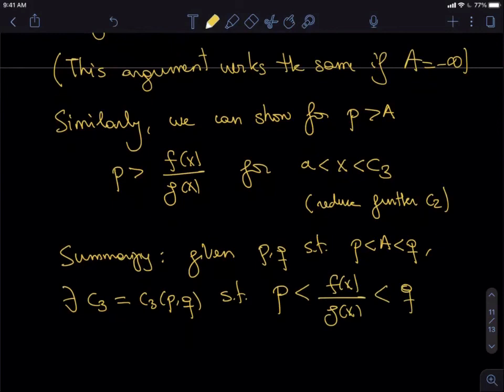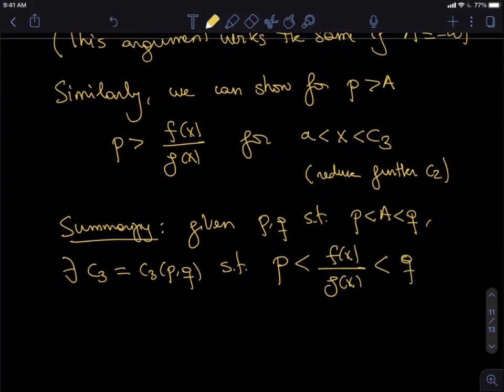Okay, that is what we wanted to show to start with. Now, notice here, this C3 is not independent of C2. Okay, we are taking C2 and reducing it further if needed, just to make sure that we have both inequalities at once. Otherwise, we would have one or the other.